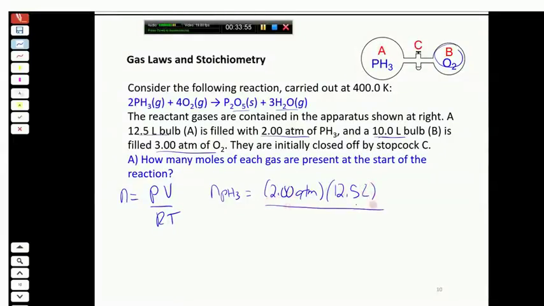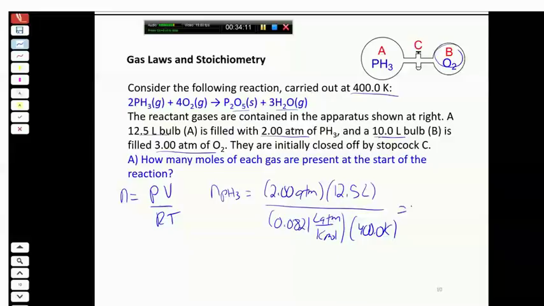Then we divide that by RT, so 0.0821 liter atmospheres per K mole. And we're telling you here that the temperature of the reaction mixture is 400 Kelvin. So when we calculate the moles of PH3, we get 0.761. That's how many moles of gas are in this flask that I've labeled A.